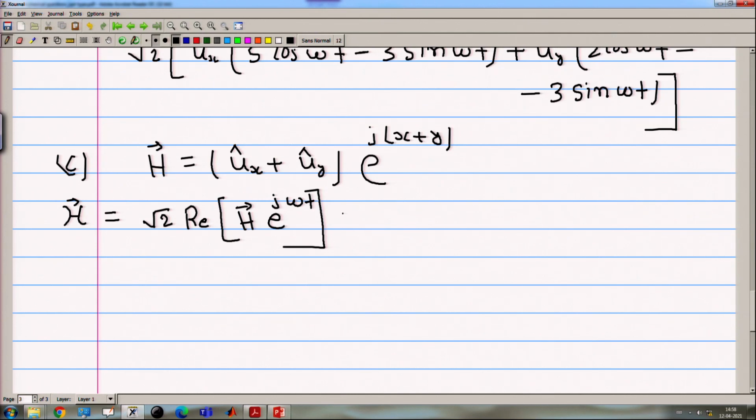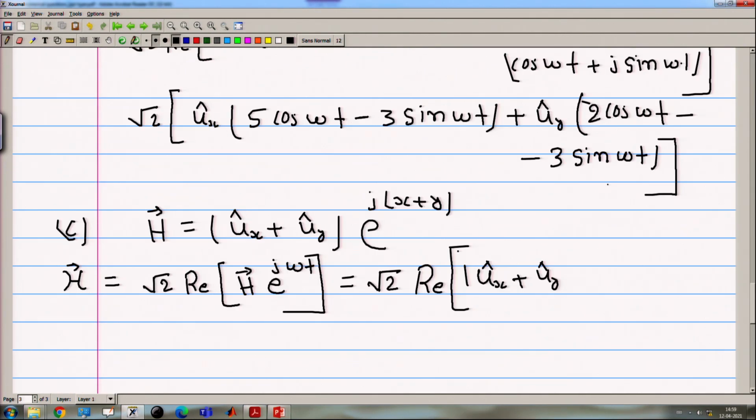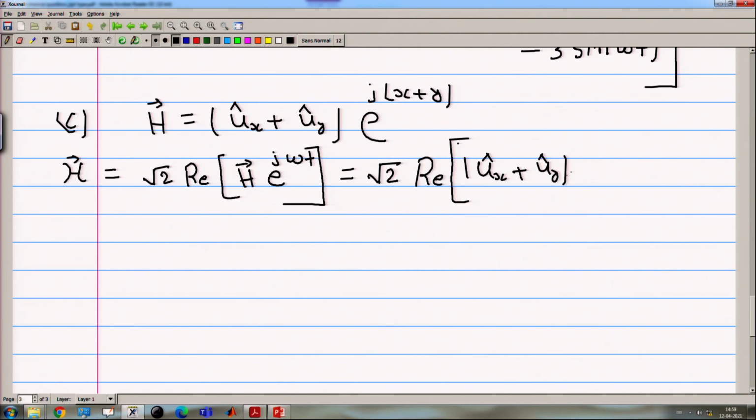We can substitute the value of H: root 2 real part of (ux plus uy) e to the power j (x plus y) into e to the power j omega t.